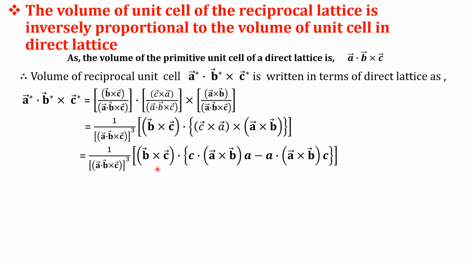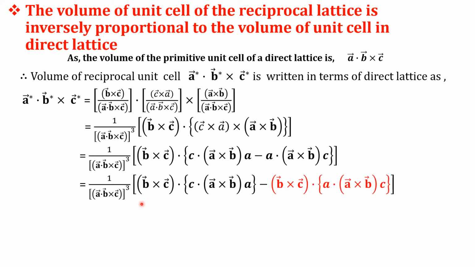Here B cross C dot total bracket. Now this B cross C multiply inside and again simplify. 1 divided by A dot B cross C bracket cube, inside the bracket B cross C dot.